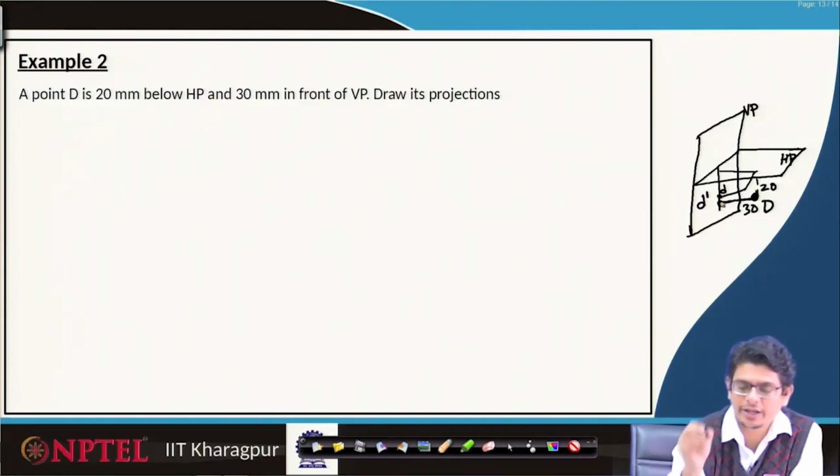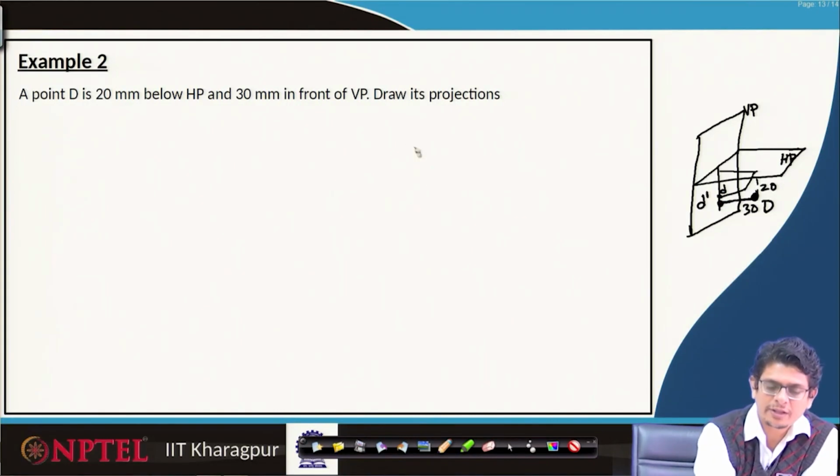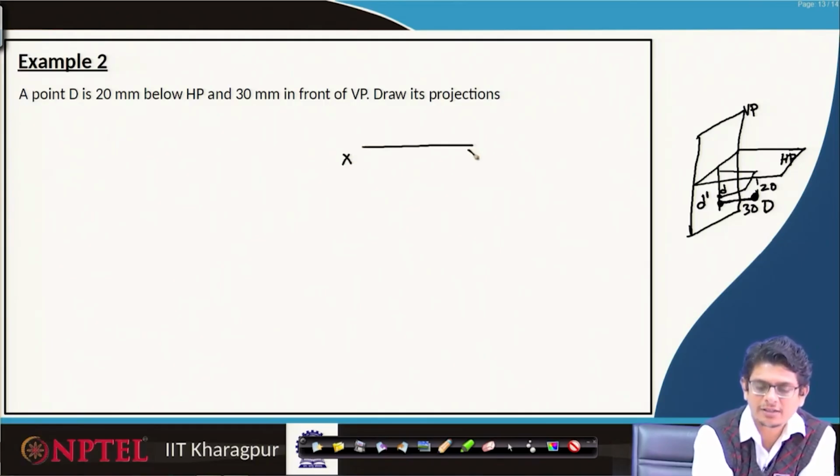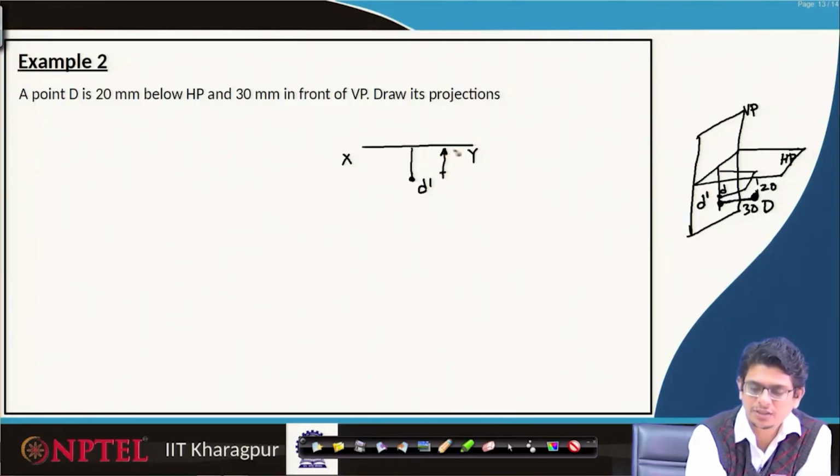That means, if we are drawing a projection, first draw the xy line, locate D prime below it, at a distance from the horizontal plane of 20 mm.